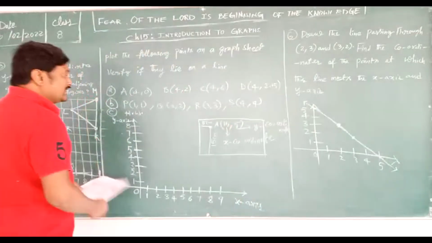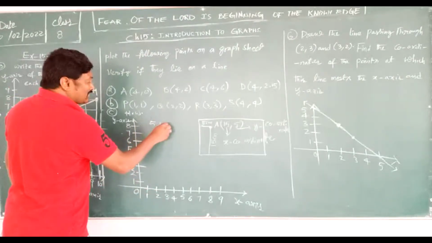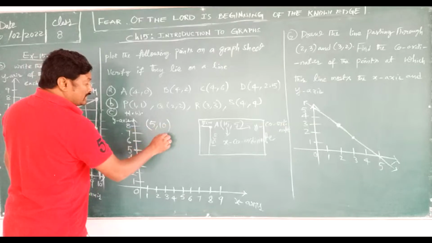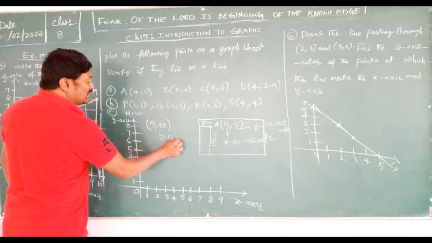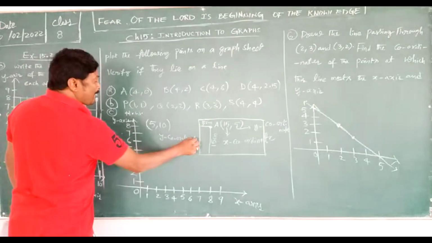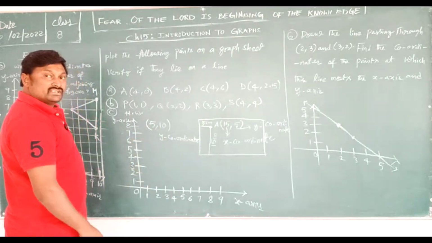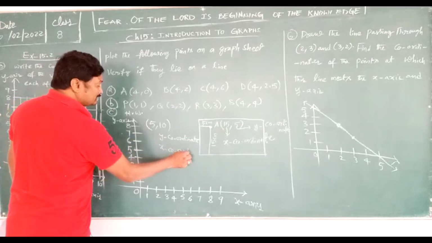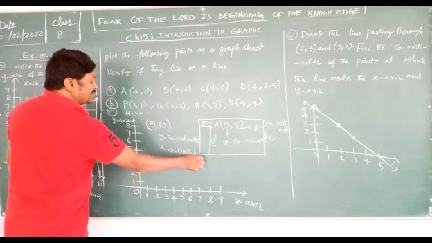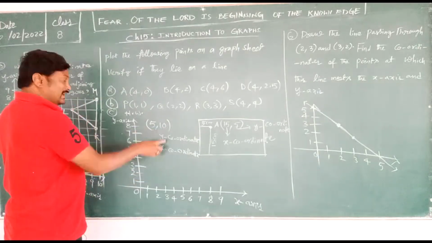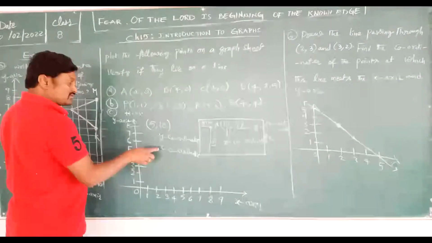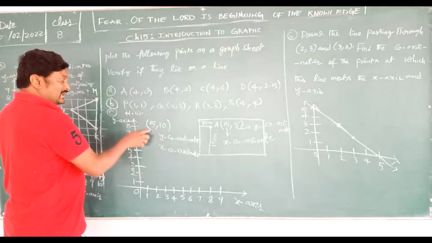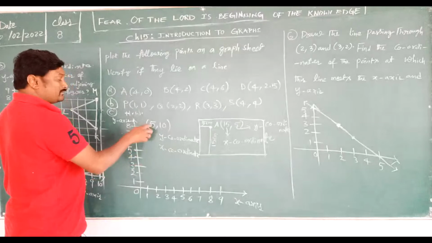Right, let's see now. Here is 5 comma 10. Prince, tell me in this which is the y coordinate. I want to find the y coordinate in this point. And Divyanshu, you need to say what the x coordinate is. So I need the y coordinate from Prince and the x coordinate from Divyanshu.